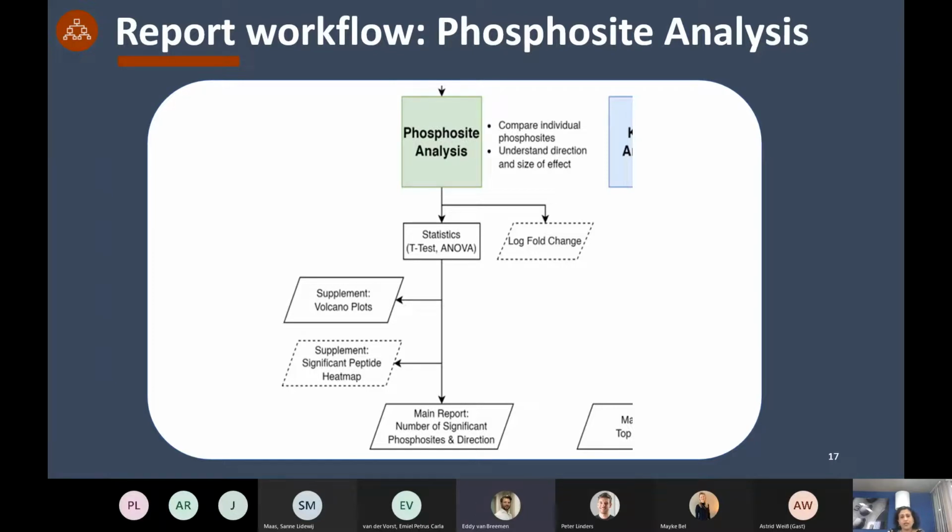This is mostly based on statistical analysis such as t-tests and ANOVAs. We can visualize the log2 fold change here. Most of the time in the visualization, we provide volcano plots and significant heat maps in the supplement, and a list of the most differentially up or down regulated phosphosites in the main report.